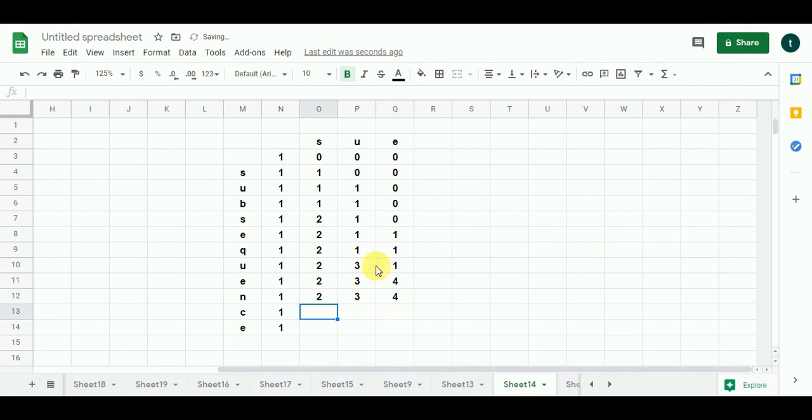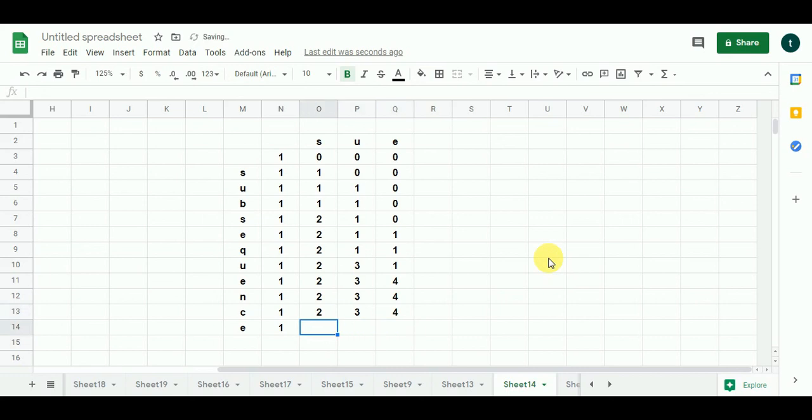Alright, now calculating the value of this cell, we are going to compare C with S, and C and S do not match, so I'm going to get the value from the top, which is going to be 2. Over here C doesn't match with U, so I'm going to get 3 from the cell above, and C doesn't match with E, so I'm going to get 4 from the cell above.